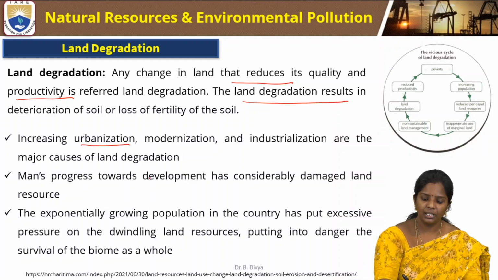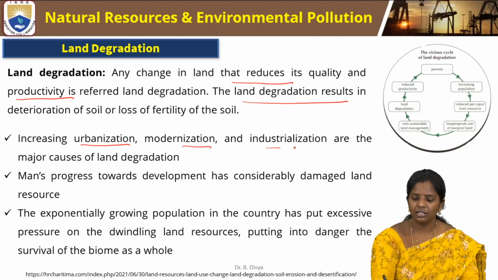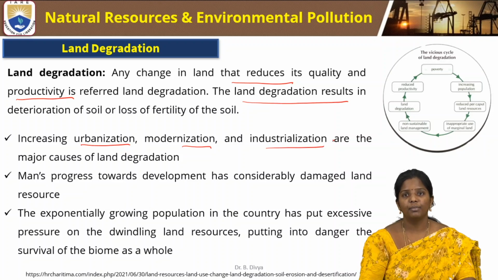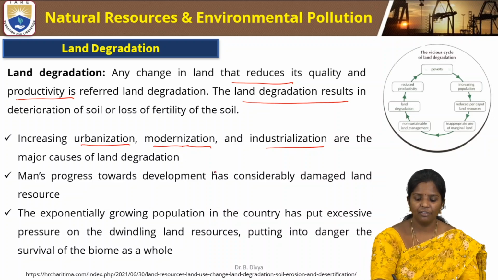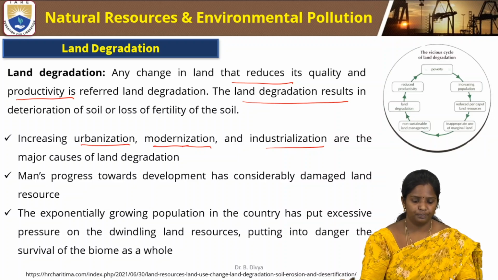Increasing urbanization, towns and cities, modernization and industrialization are the major causes for land degradation. So we also have to take care, like building green buildings or taking initiatives for green building, so that we increase the fertility of soil also while modernizing.